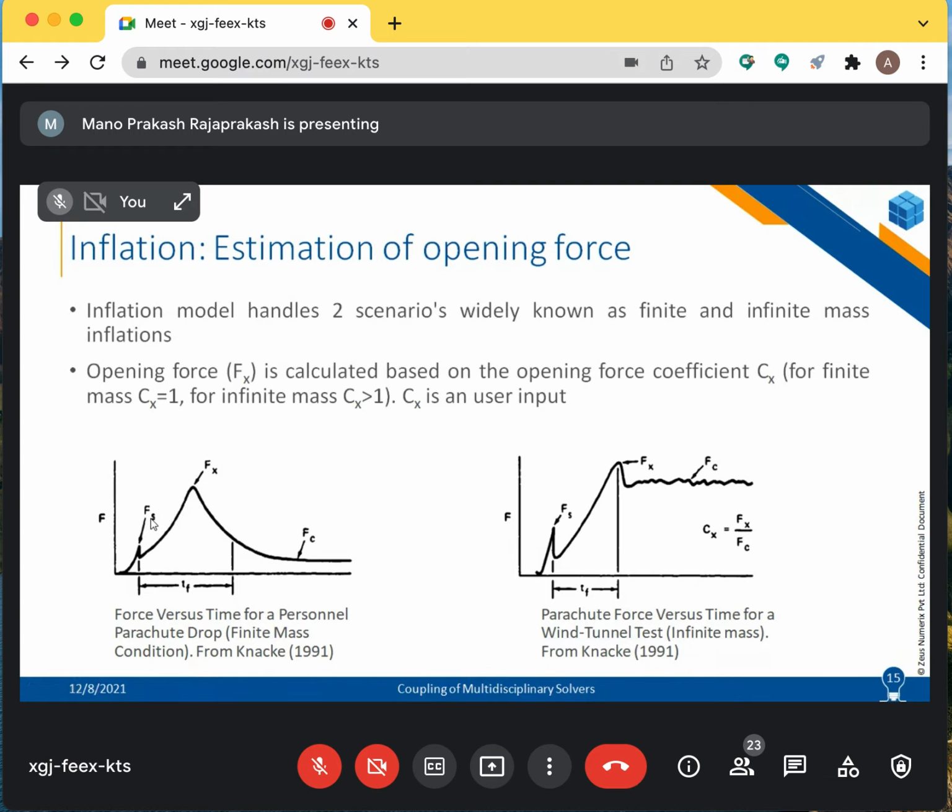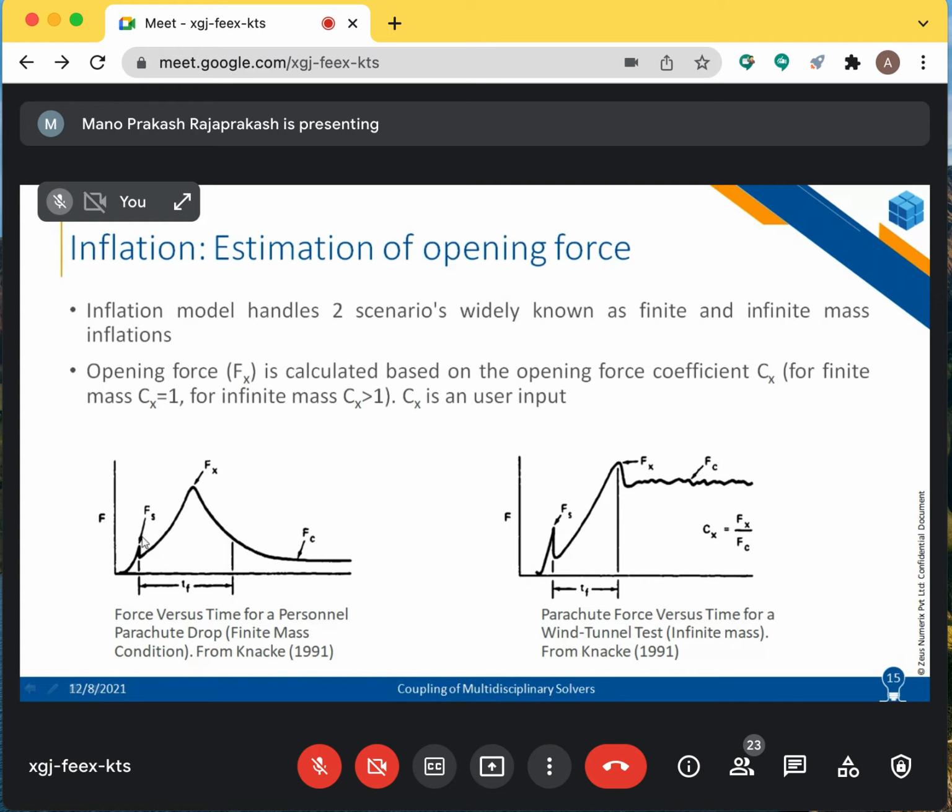If the user wishes to resolve or predict this snatch force with high fidelity, then he can go ahead with approach 2, which is modeling the canopy separately, with the suspension lines modeled as a connection. Only when the suspension lines are modeled as connections will you get a good prediction of this snatch force.